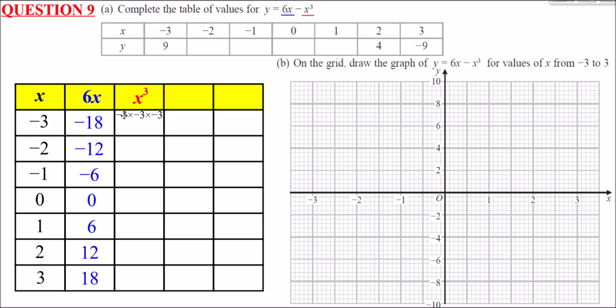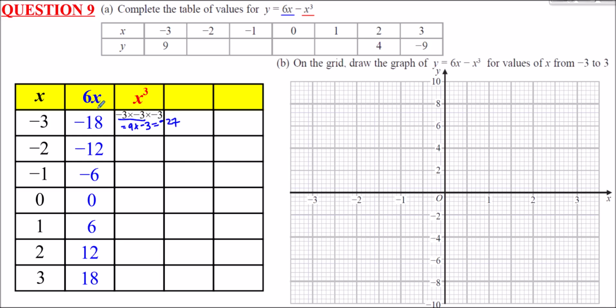We're then multiplying this +9 by a -3. So taking it nice and slowly and carefully, what we'd need to consider is that this bit here becomes +9 times -3, and +9 times -3 actually gives us -27.